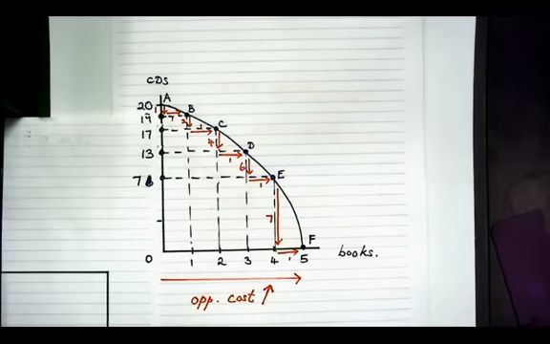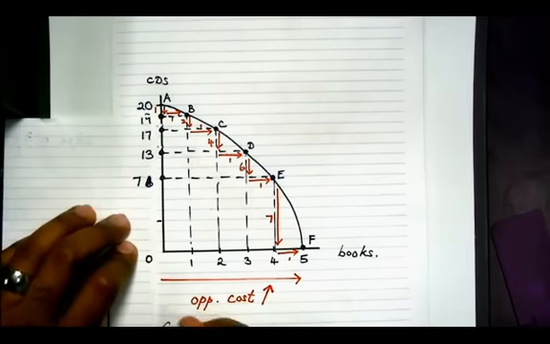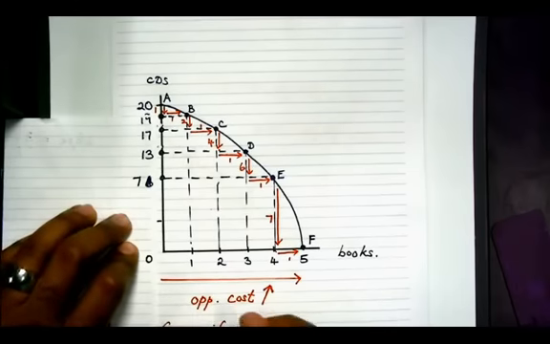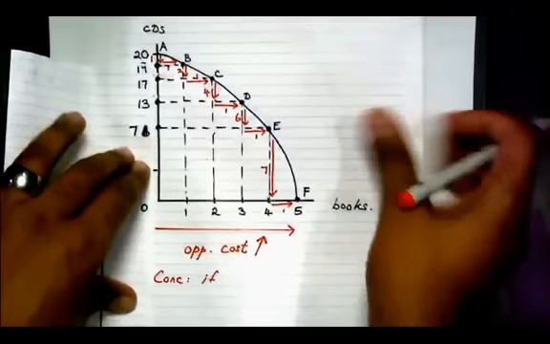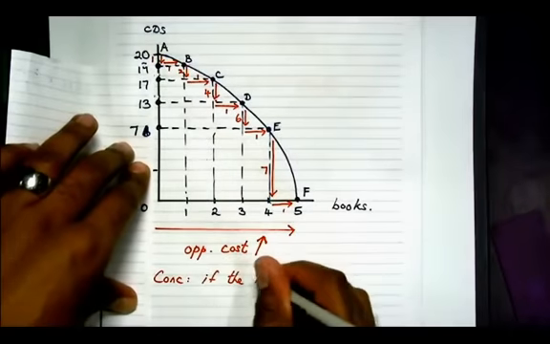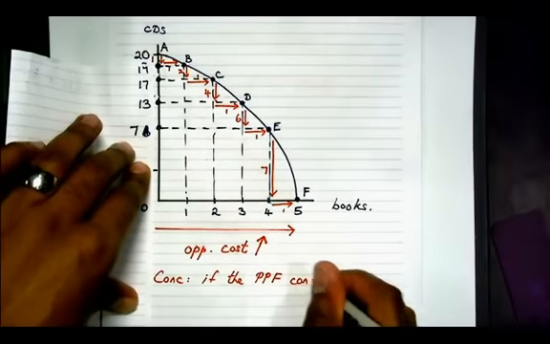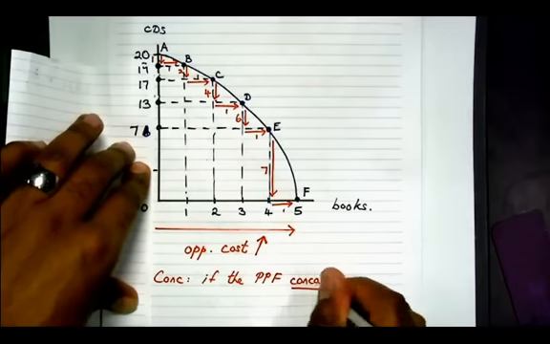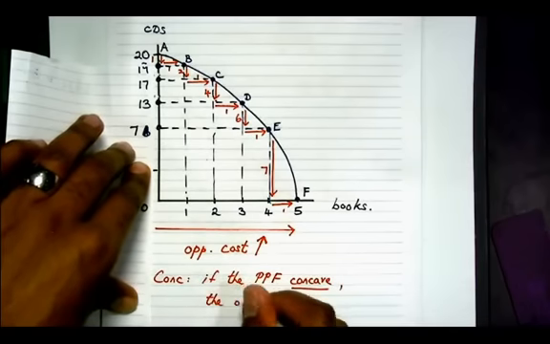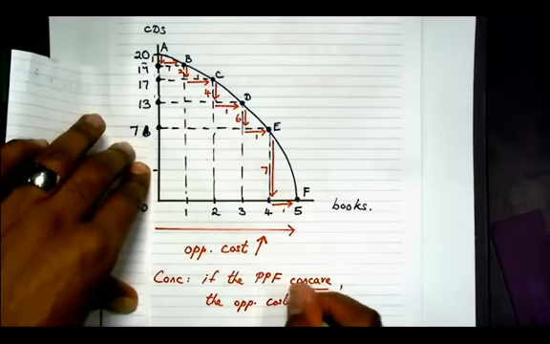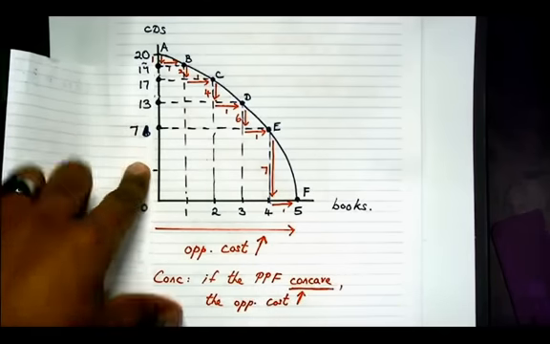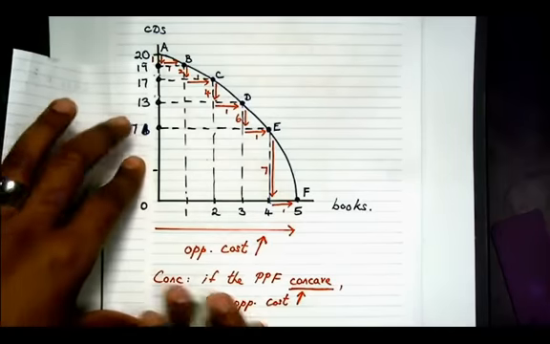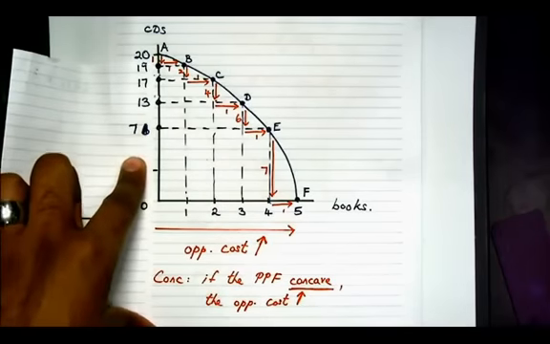So when you have a curved PPF, conclusion: if the PPF is concave, which is curved, the opportunity cost is always increasing as you go from left to right.